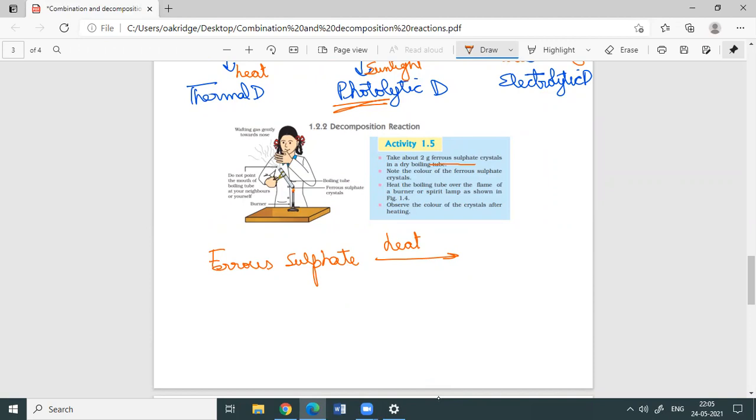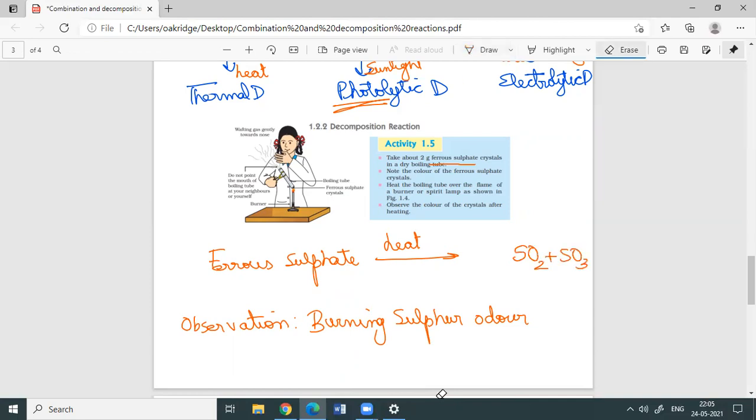When you're doing this reaction, children, you'll have an observation: you will get a burning sulfur odor. This burning sulfur odor is nothing but two gases coming out, that means sulfur dioxide and sulfur trioxide.